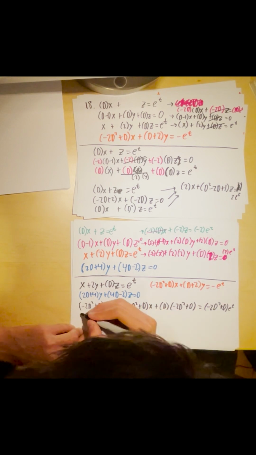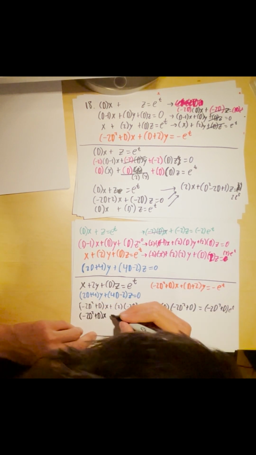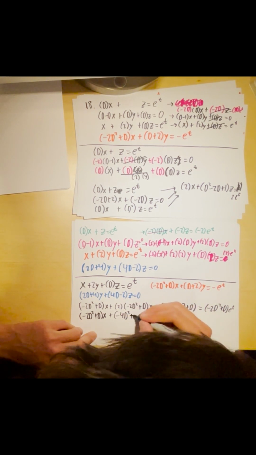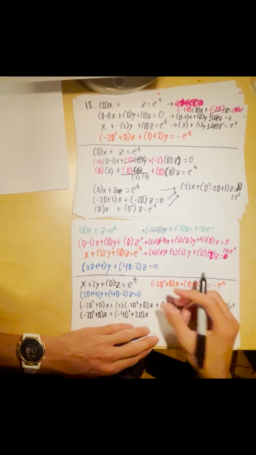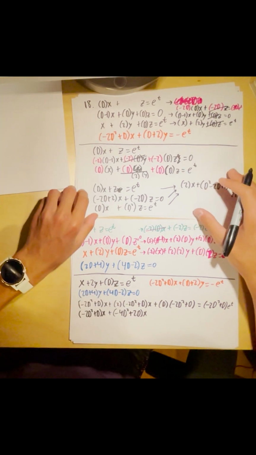Well, that's pretty redundant, but it is what it is. This is negative 4d squared plus 2d times x, or operating on x, that is, because these are differential operators, it's not multiplication.